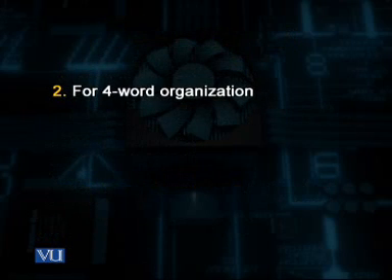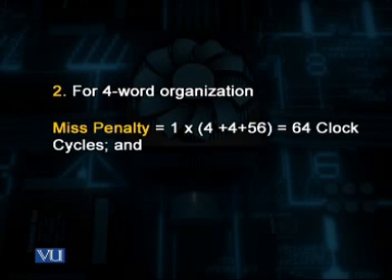Whereas for the 4-word organization, the miss penalty can be expressed as 1 multiplied by (4 plus 4 plus 56). Here, 1 is used because for the wider memory, all the 4 words are sent at a time.